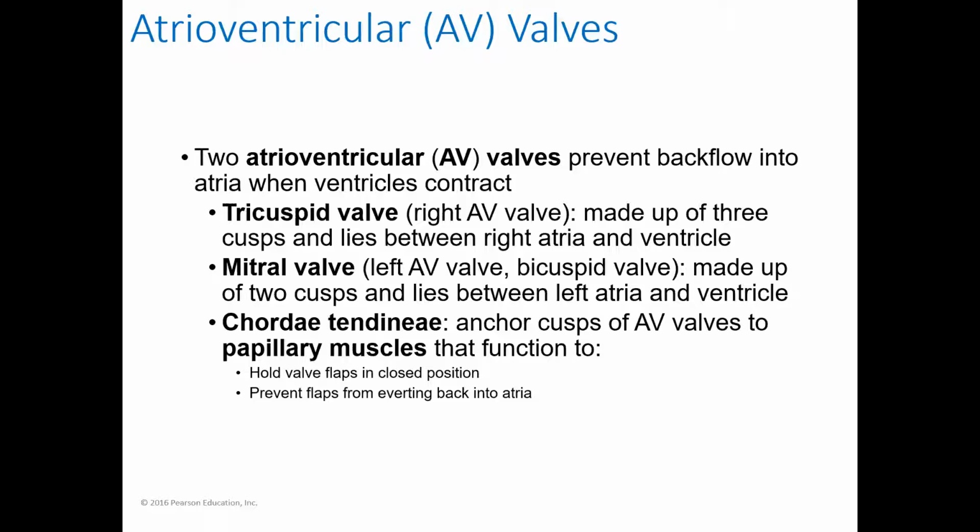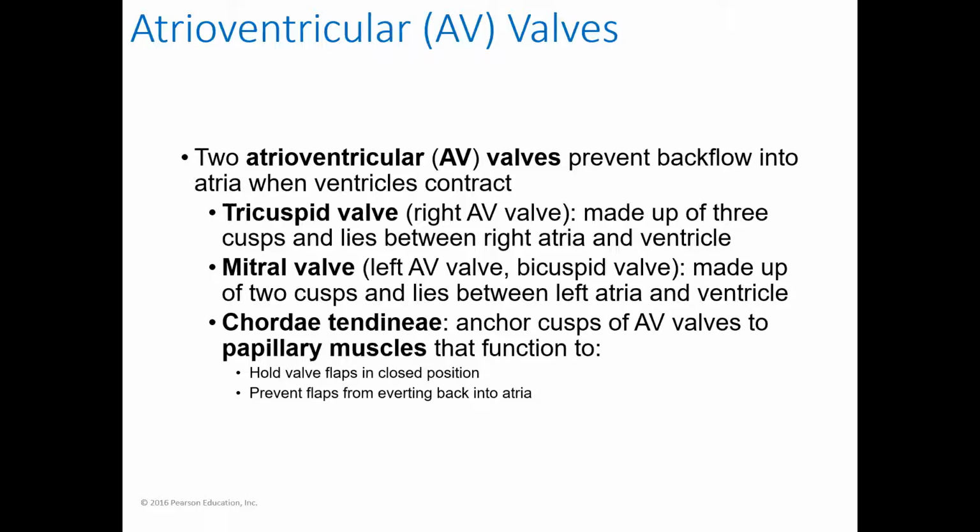Blood doesn't get pumped from the atria into the ventricles. Blood flows passively into the right and left ventricles through those valves. The only reason that we contract the atria is to top off the ventricles.